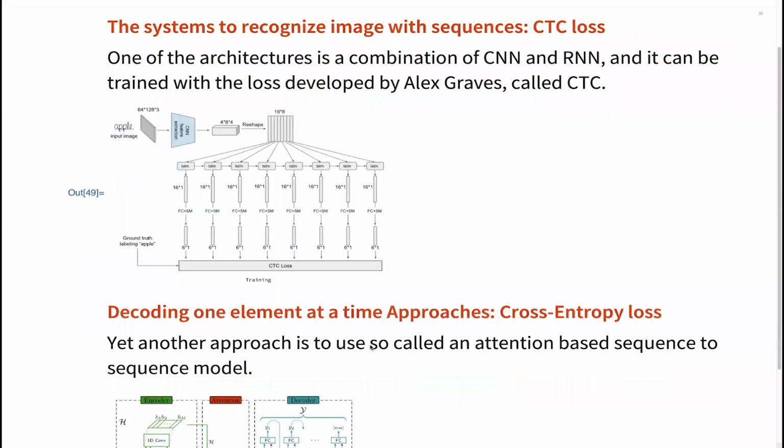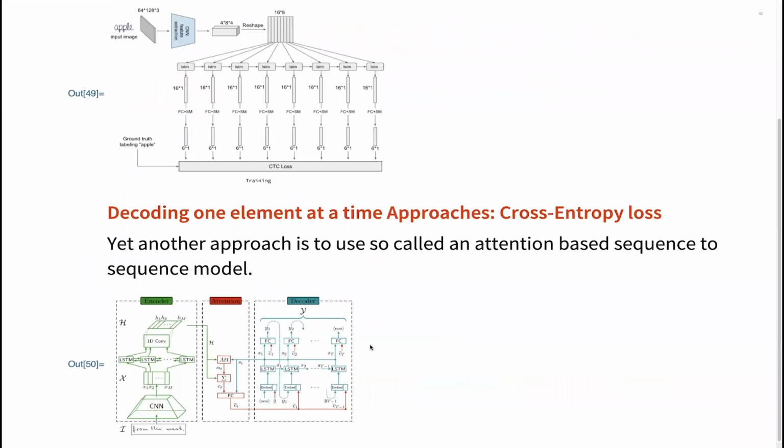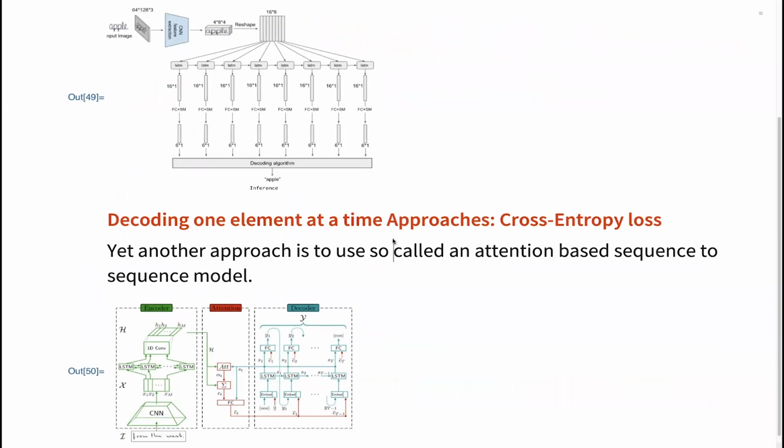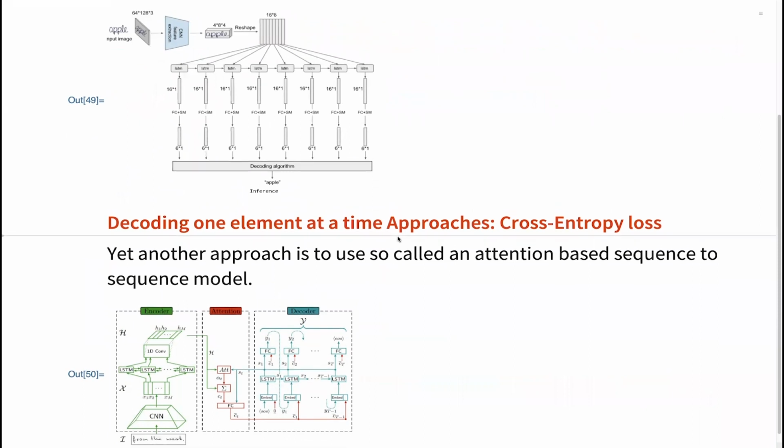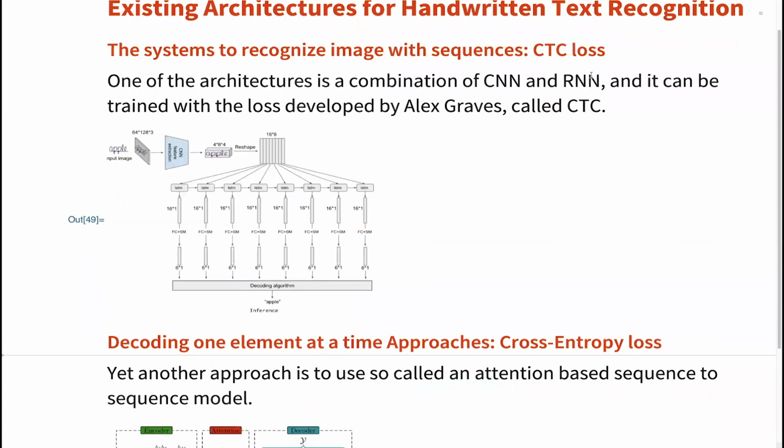Yet another approach to this problem is to use the cross entropy loss. Again, this is more of an FYI. We're not going to concentrate on this particular approach because with CTC-like losses we can get even better accuracies here. So we'll see.